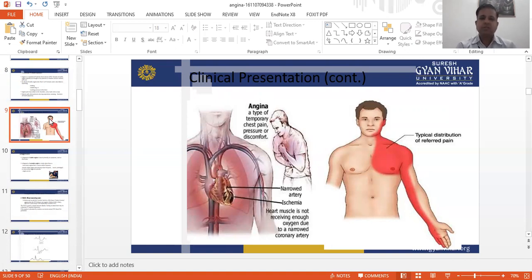It is caused by a narrowed artery or ischemia, where the heart muscle is not receiving enough oxygen due to a narrowed coronary artery. On the right side of the image, you can see a typical distribution of referred pain in an angina patient.